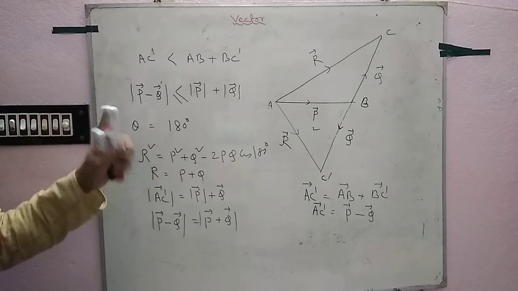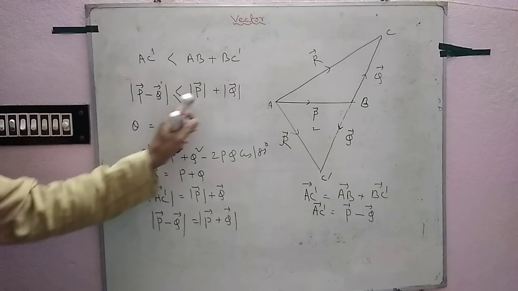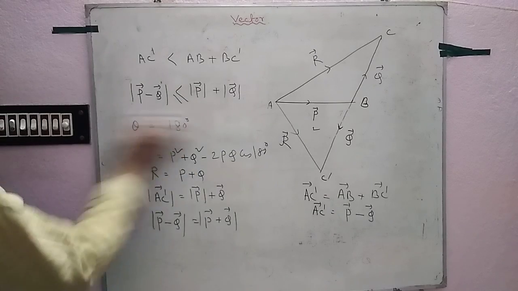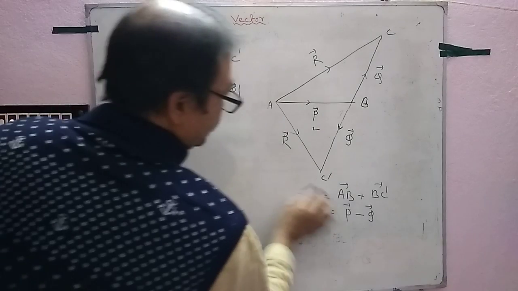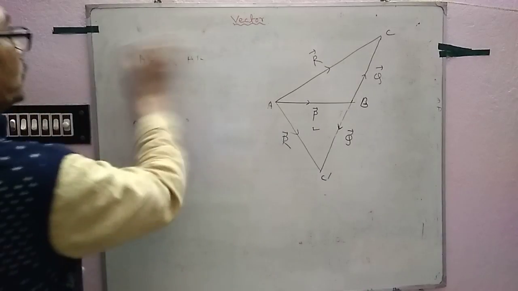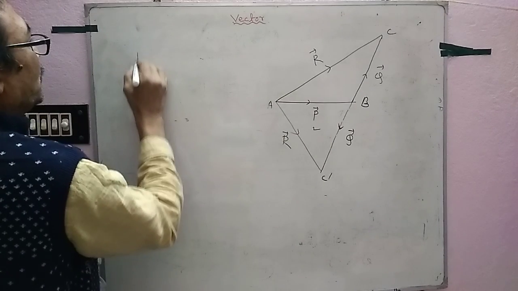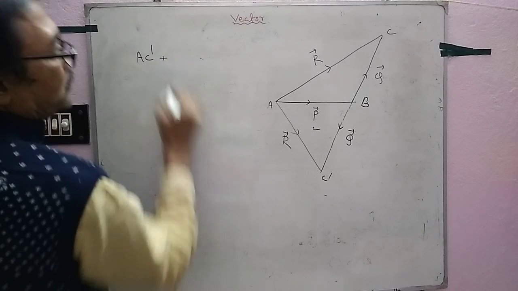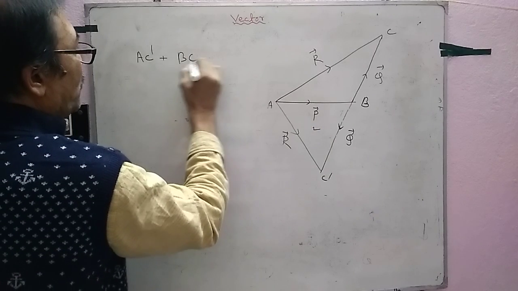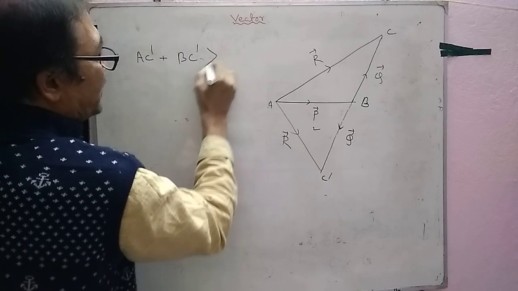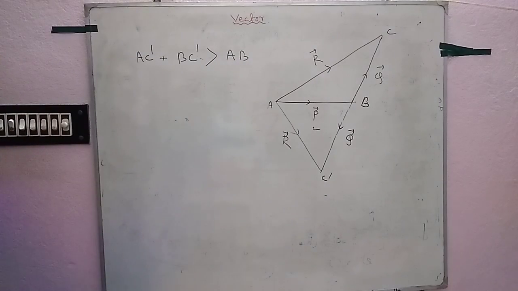Okay, you have to remember, mod of P vector minus Q vector is less than or equal to P vector plus Q vector. Next, now from this triangle AC dash plus BC dash is greater than AB. We can write, sum of the two sides is greater than the third side.